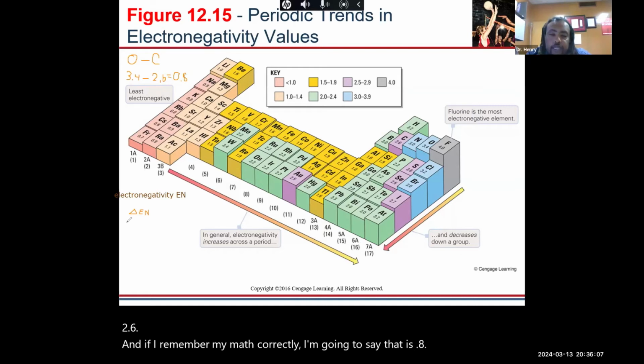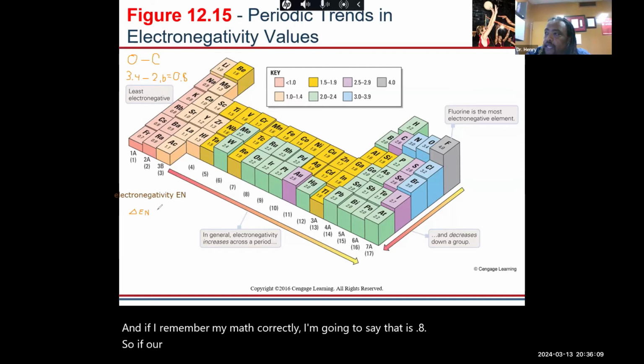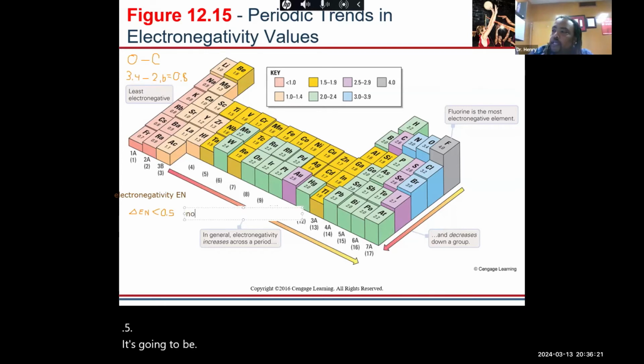If our delta En is less than 0.5, it's going to be nonpolar. Nonpolar is even sharing.